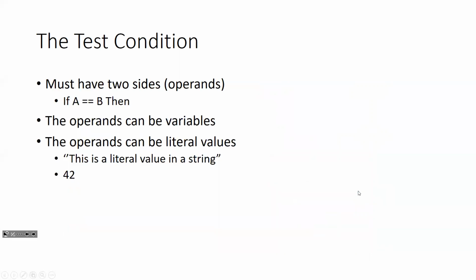We'll see them pretty much the same. Remember with our condition, we have to have two sides, two operands, the left side and the right side, the left operand and the right operand, to have things to compare to each other. Those operands could be variables. They could be literal strings or numbers or whatever we want in that test condition.